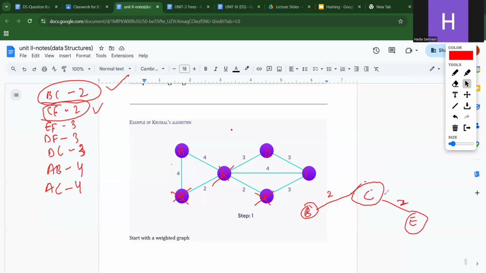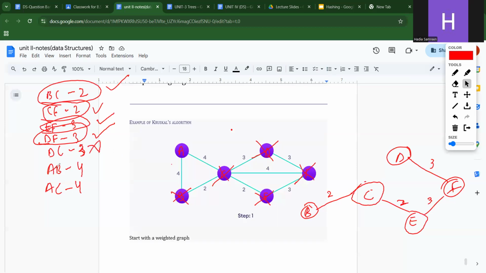EF, 3. Can we use EF? Yes, we can. It's visited. Now, can we use DF, 3? Yes, we can. So we will use this. This is done. Now, is there any need to draw an edge between DC? No, right? D is also visited, C is also visited. So we will not use this.